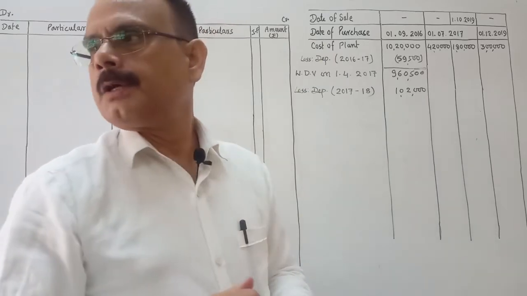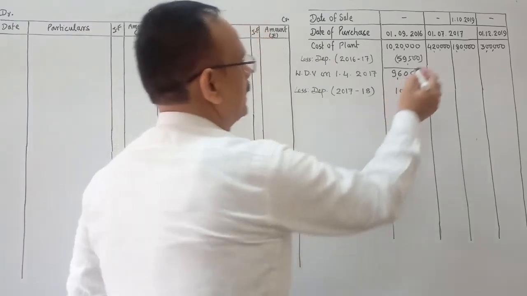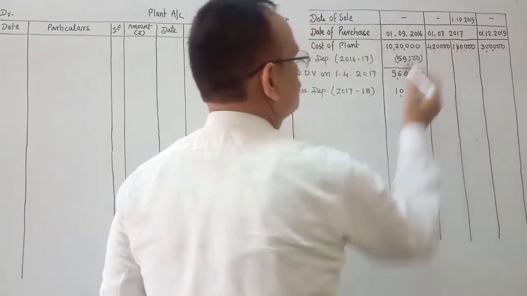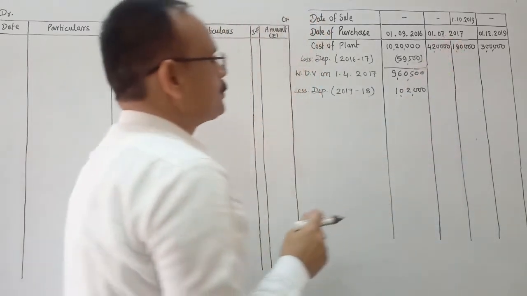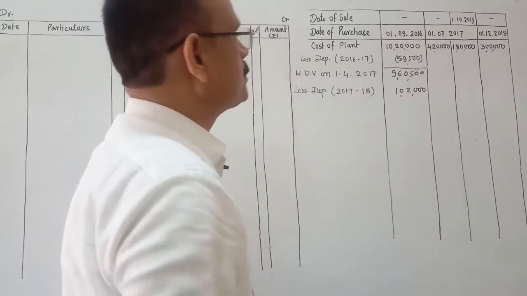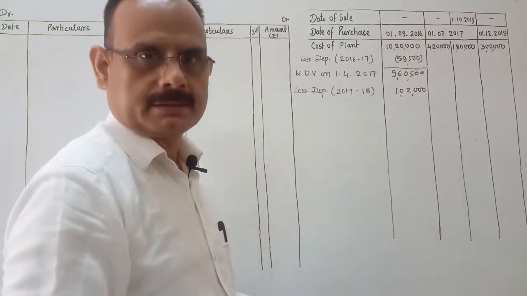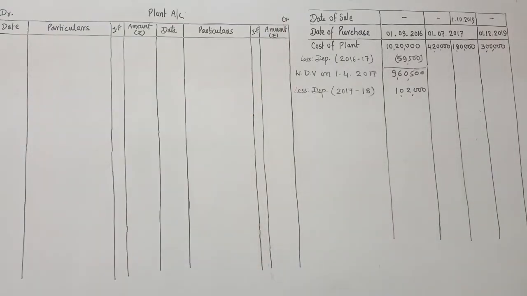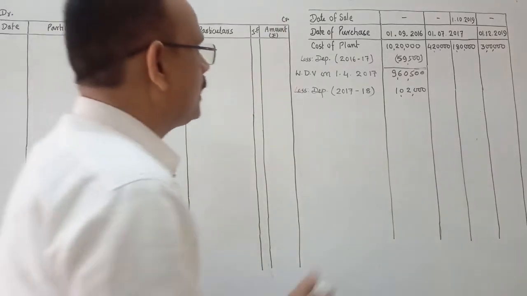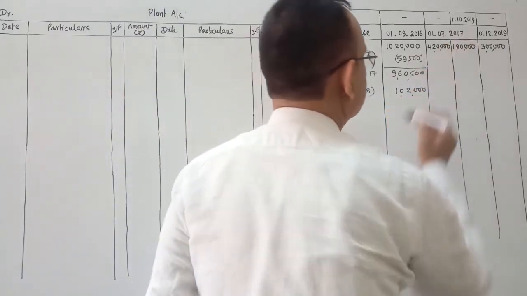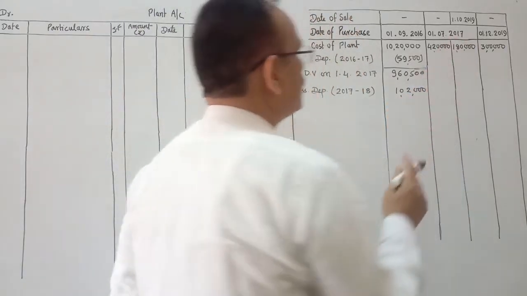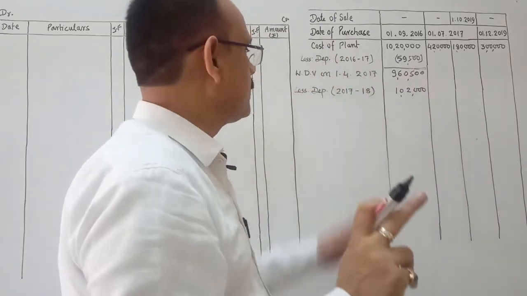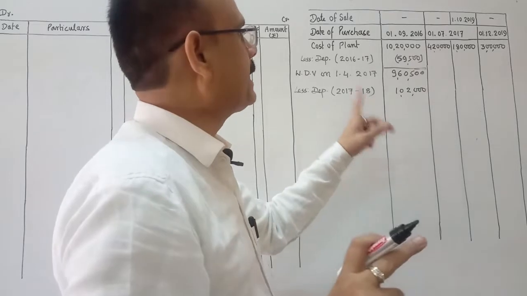Original cost method. Here the depreciation will be calculated from 1st July, when it is purchased, to 31st March 2018. It's 9 months. So for how many months will we calculate the depreciation? From 1st July 2017 to 31st March 2018, 9 months.